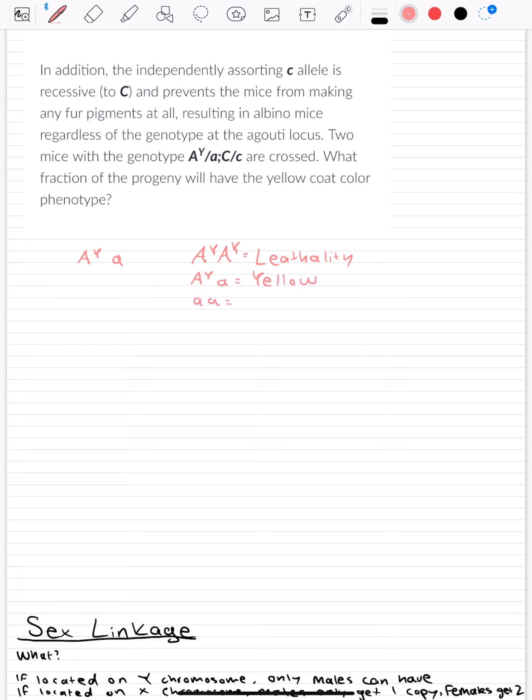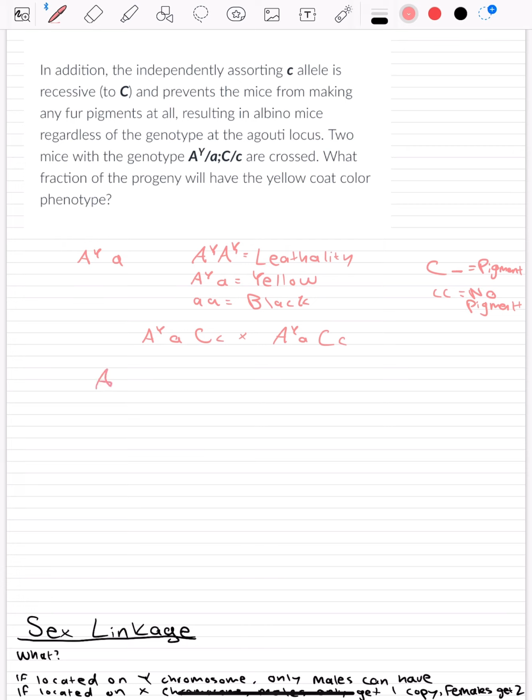Little a will result in a black color. Big C and any other allele will result in the making of pigments. Little c will result in no production of pigment. So let's say we had 2 individuals with the same genotype, AY little a, big C little c, crossed together. What fraction of the progeny will have the yellow coat phenotype?